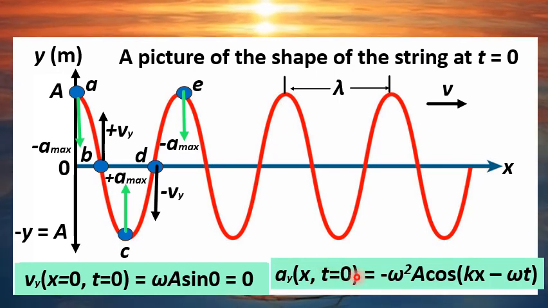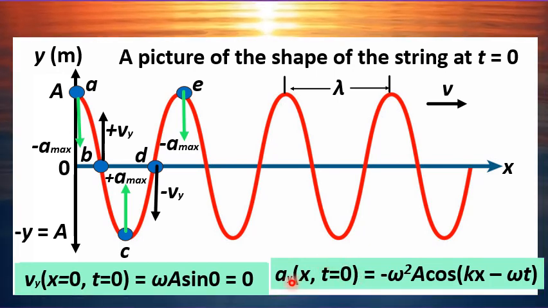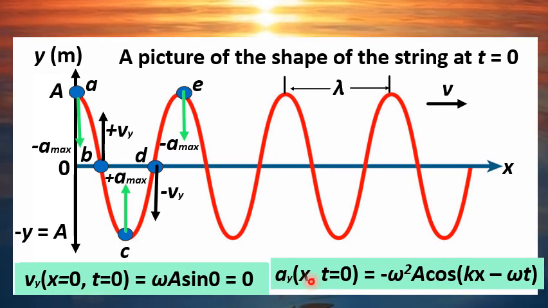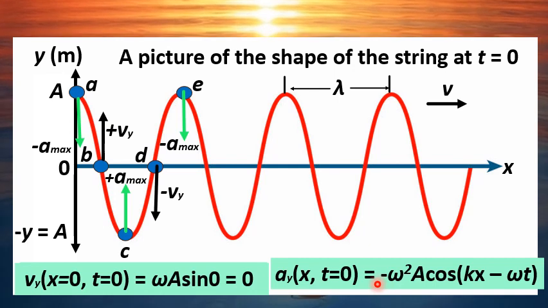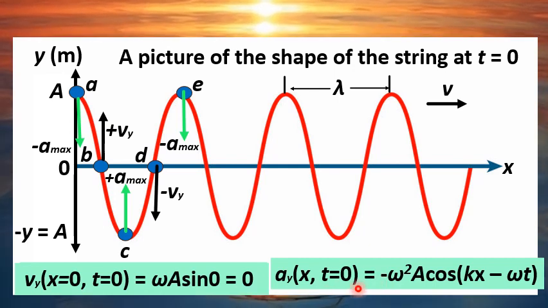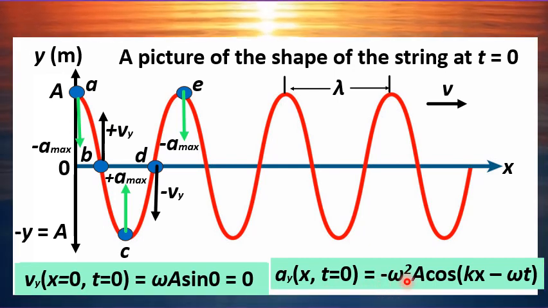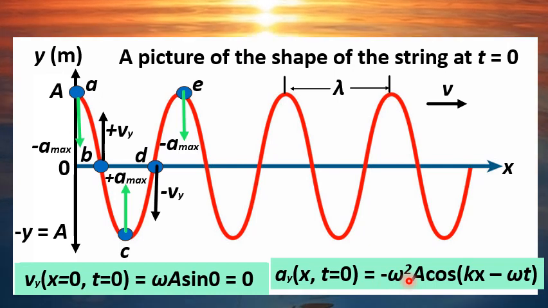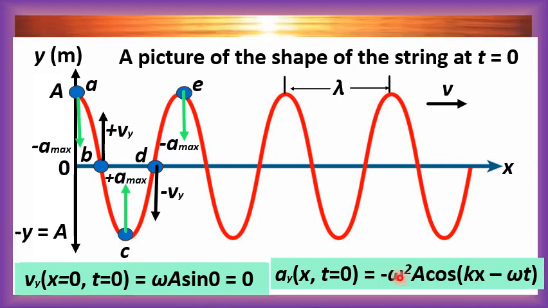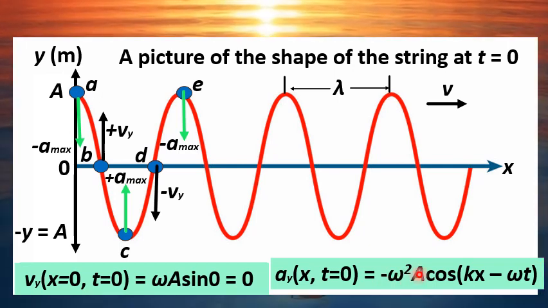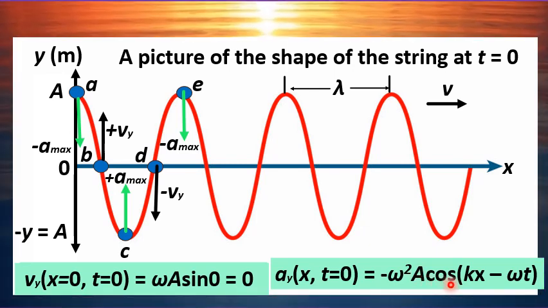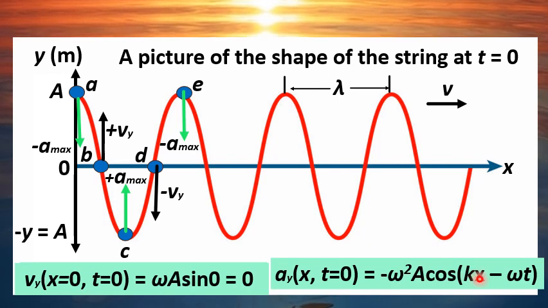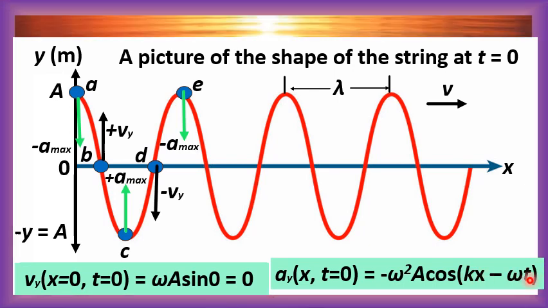So for the transversal acceleration as a function of x and t, the formula is a sub y equals the negative of the square of the angular frequency, omega squared, multiplied by the amplitude, capital A, and the cosine of the quantity kx minus omega t.